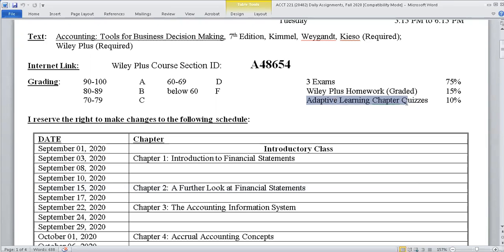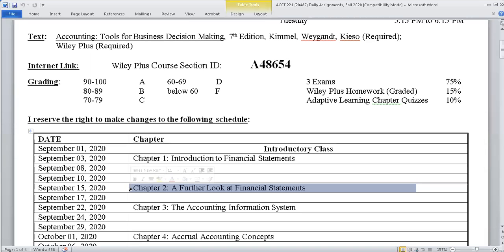the adaptive learning system, because you'll have your first adaptive learning chapter quiz this weekend. Right? The way the adaptive learning chapter quizzes work, you'll always have the adaptive learning chapter quiz the Friday, Saturday, and Sunday following the week where we finish our work in the chapter together.